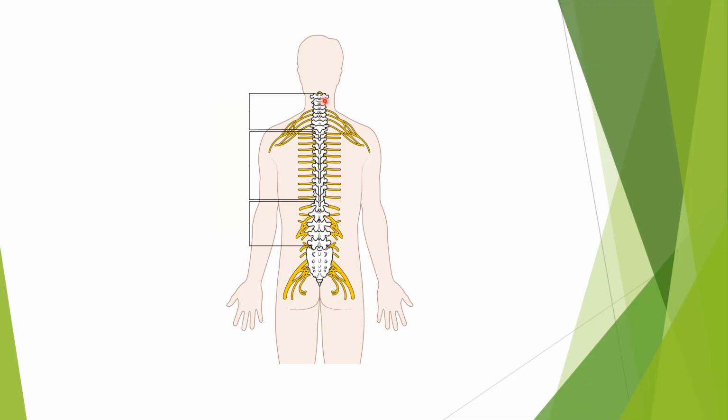So, can you see this white bone? This is actually the backbone. Can you see these yellow nerves? What are these actually? These yellow nerves are the spinal cord.